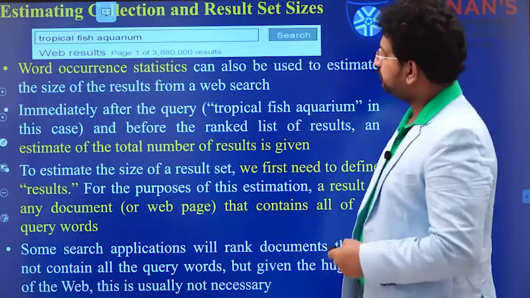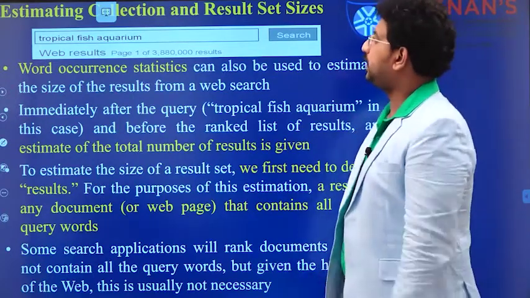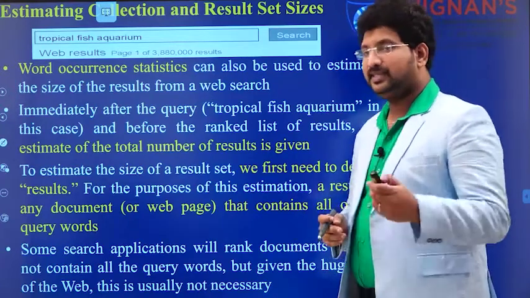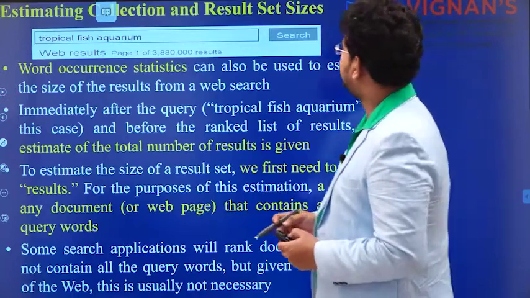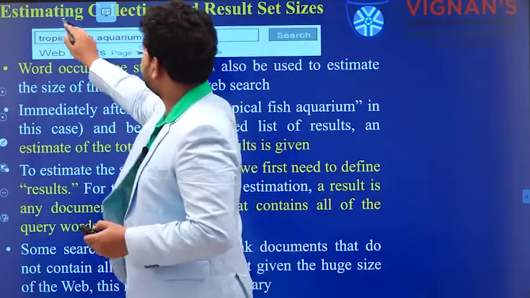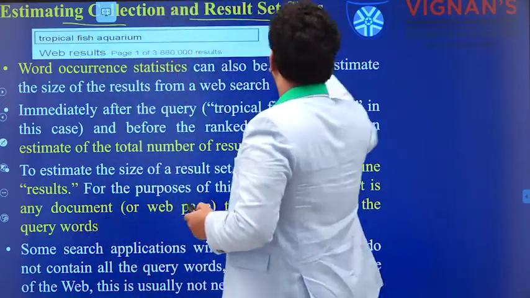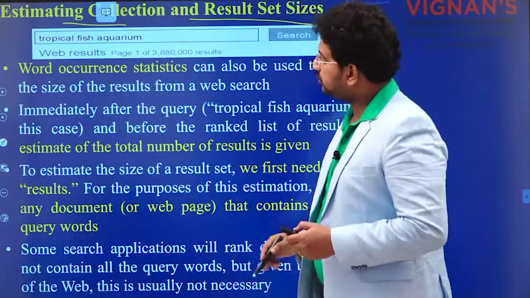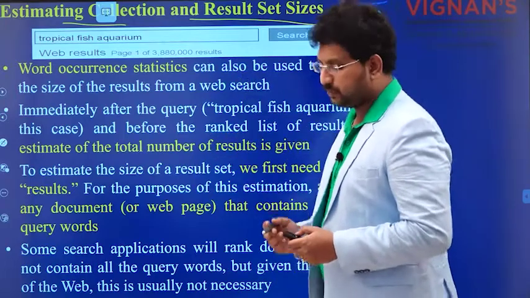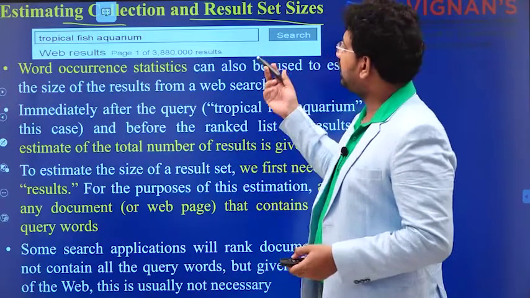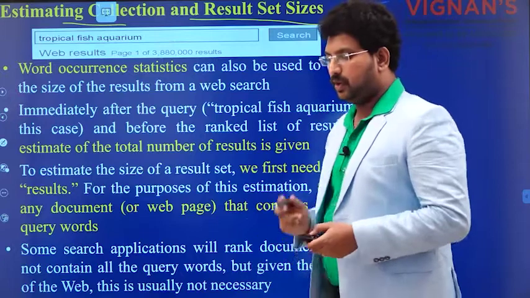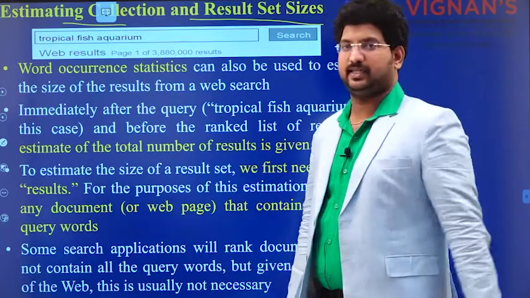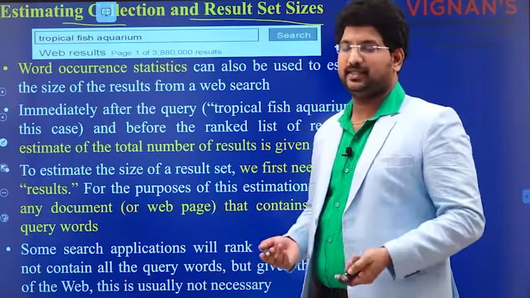And next, this is the next topic we are going to learn about: we are going to estimate collection and result set sizes. Whenever you see this heading, we try to understand estimating collection and result set sizes. What it is depicting here is that we are going to estimate the result set sizes.